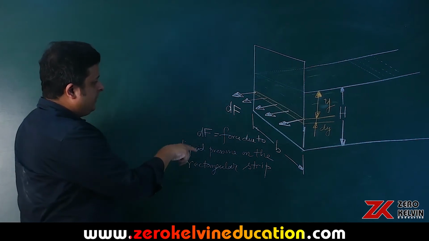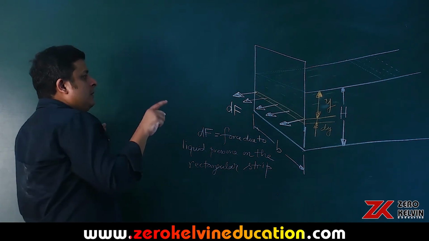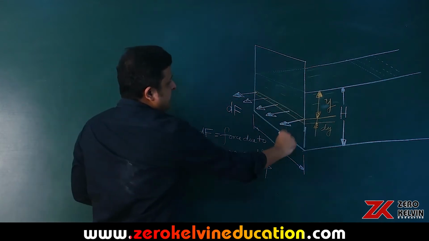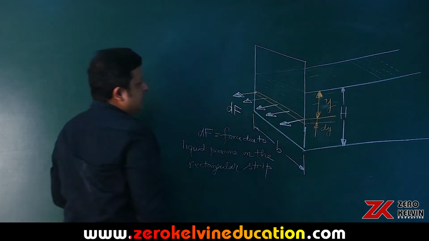So as you know, dF is equal to pressure times dA. So area of this rectangular strip is dy multiplied by the width.